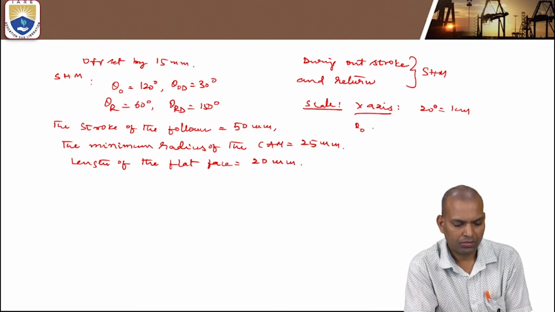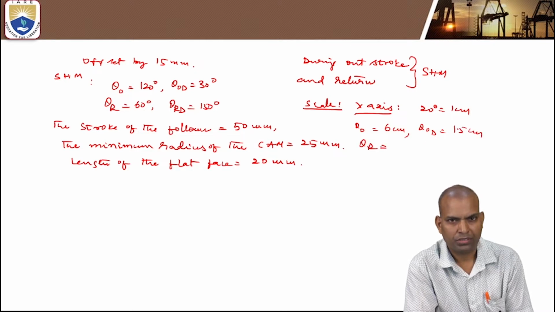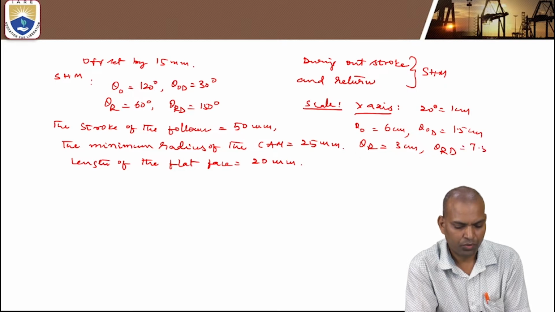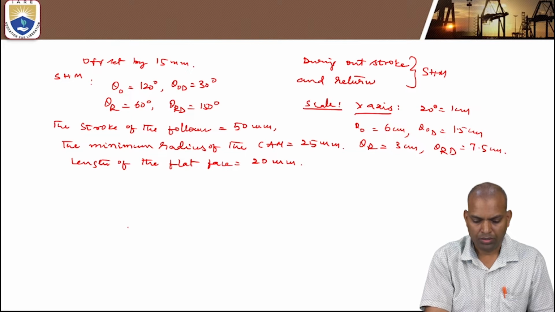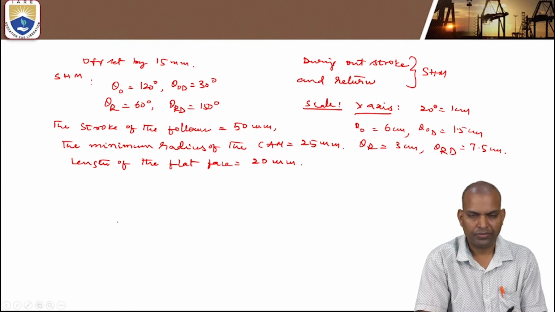Then the outstroke becomes 6 centimeters, theta OD becomes 1.5 centimeters, theta return after conversion to this scale is 3 centimeters, and theta dwell during return is 7.5 centimeters.